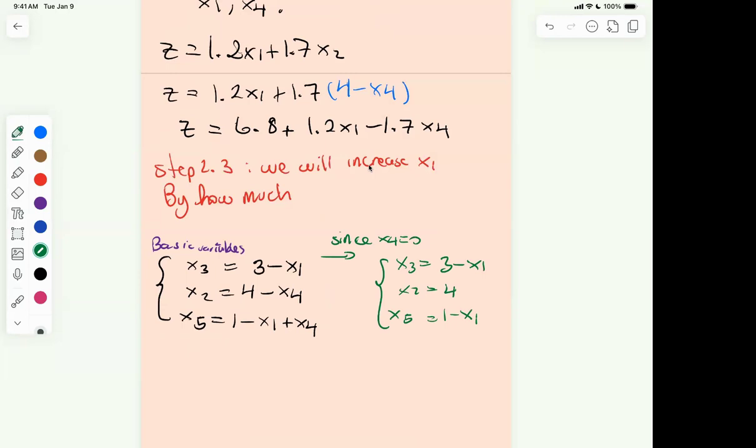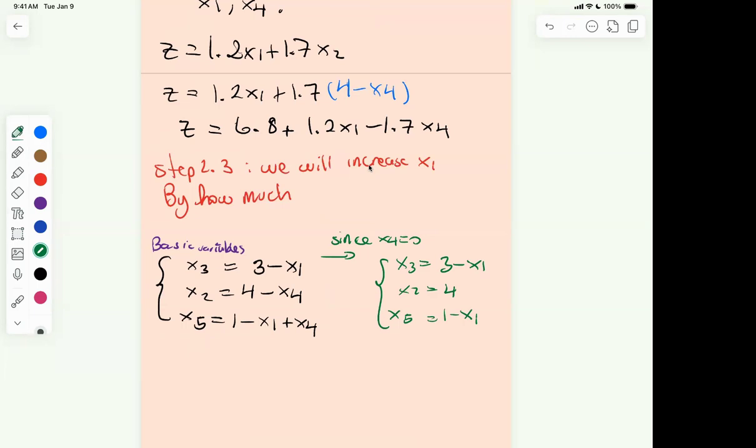Of the three equations, the one in the middle tells you nothing interesting about x1. So we have these two equations to play with, and we have to determine how much we can increase x1 from them. The restriction is that every single variable has to be non-negative. That's a constraint. So what would you say is the most that you can increase x1 here?